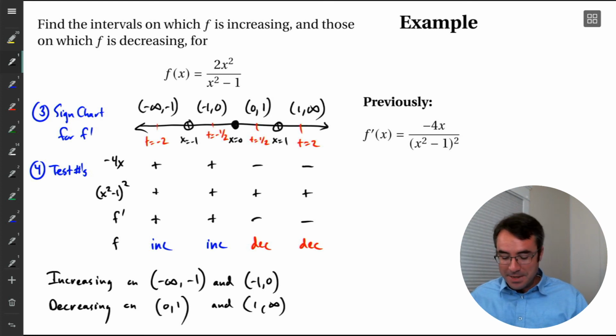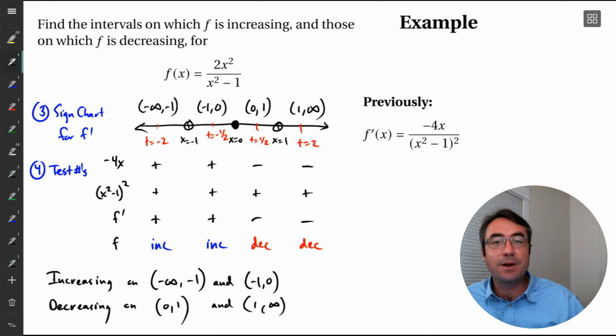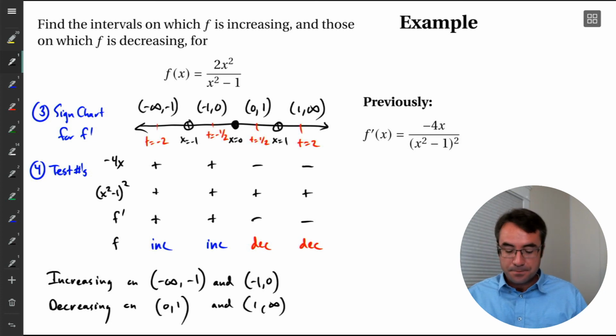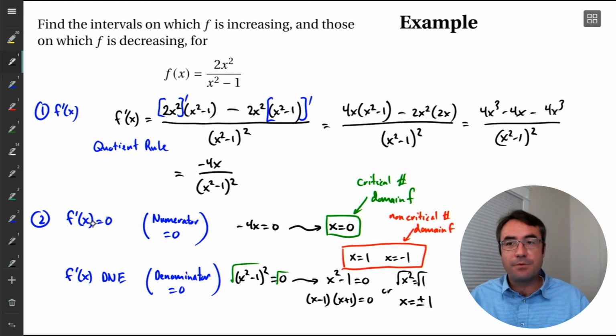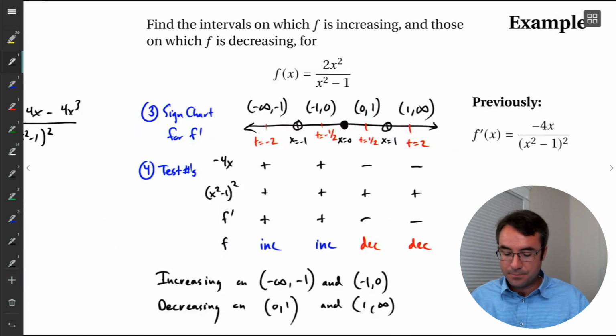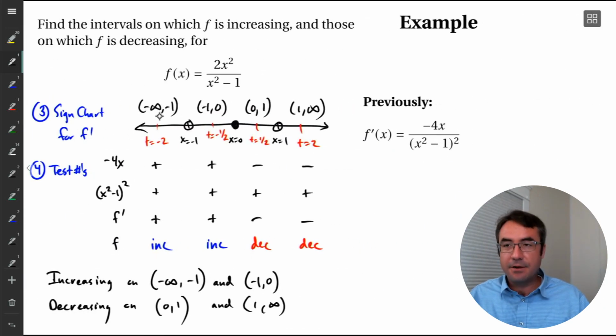All right, so there we go. We have our answer. We know the intervals where our function's increasing, decreasing, and what we used with a little bit of work is that first derivative. We calculated our first derivative, we simplified it, then we figured out where our derivative was 0, where our derivative was undefined, and then that kind of split up our number line.